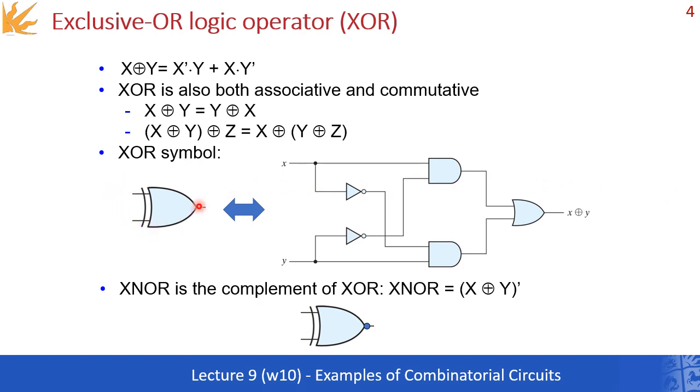And this is the XOR symbol. Well, it does indeed resemble the OR gate, but notice that we've got an extra line here. Now, this is equivalent, if you would like to implement it using only AND and OR gates, to what you see over here. Now, take a moment to look at it.